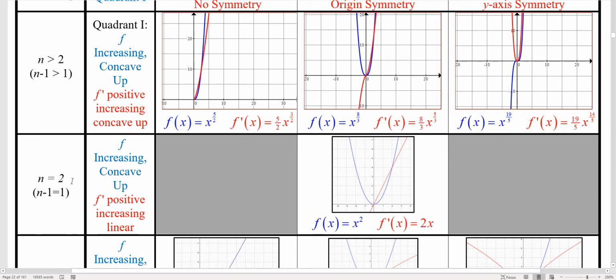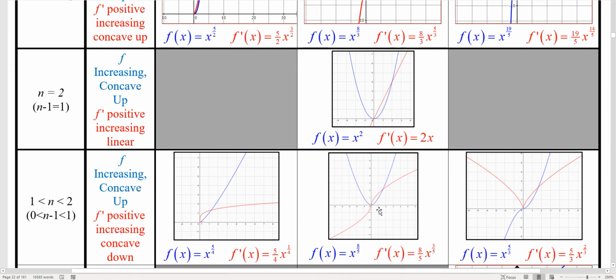N equals 2 is a special case, y equals x squared, because its derivative will be y equals 2x, which is a straight line. Here n is 2, n minus 1 is 1. So we have concave up in the first quadrant, and then we have linear for the derivative.